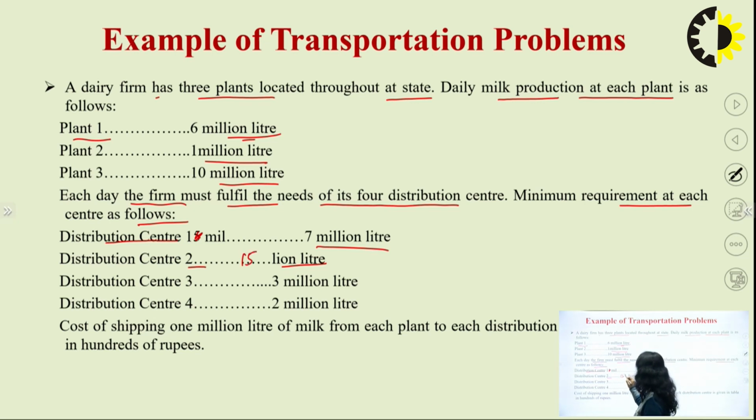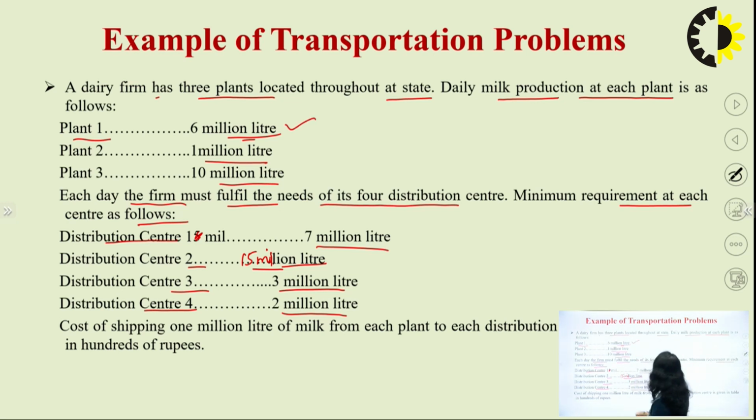At distribution center 2, the requirement is 5 million liter. At 3, we have the 3 million liter requirement, and at distribution center 4, the requirement is 2 million liter.